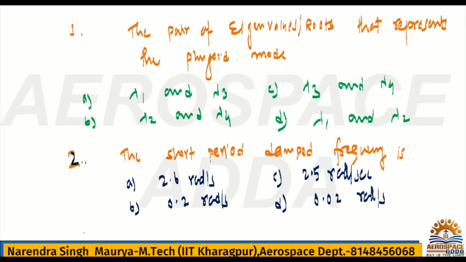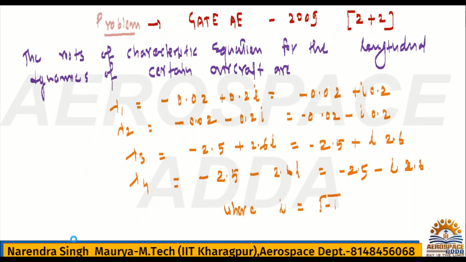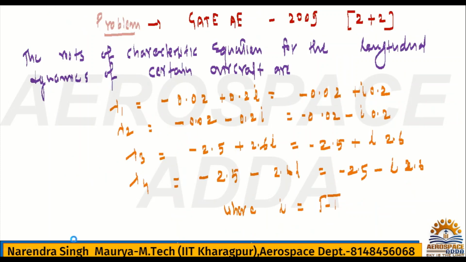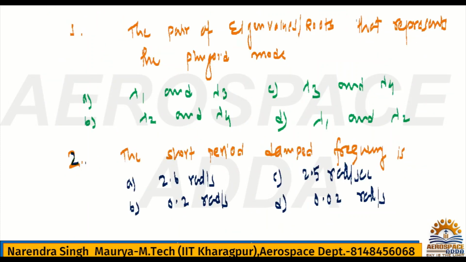Remember, I told you this was a GATE Aerospace 2009 question, and 2 plus 2 means problem 1 was asked for 2 marks, and this was also for 2 marks. Okay, linked question. Now we'll go for the solution.